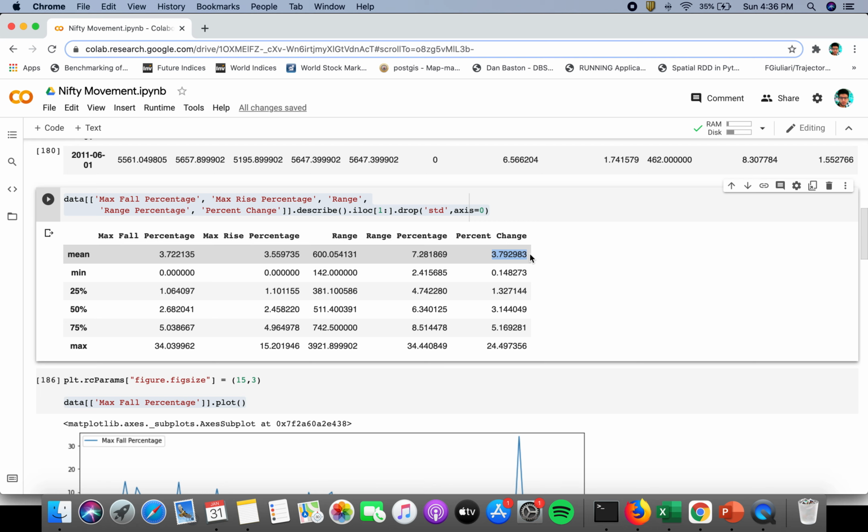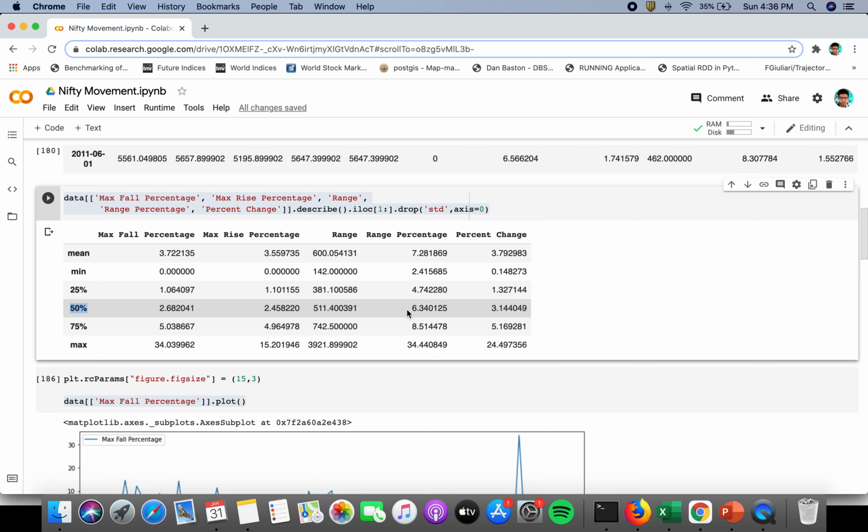If you look at the 2020 COVID crash or the 2008 crash due to the collapse of Lehman Brothers, these are unrealistic events which happen once in a decade. These can alter the mean and give you a false perception of the central tendency. So I would advise you to consider the 50th percentile or the median for a much better estimate.